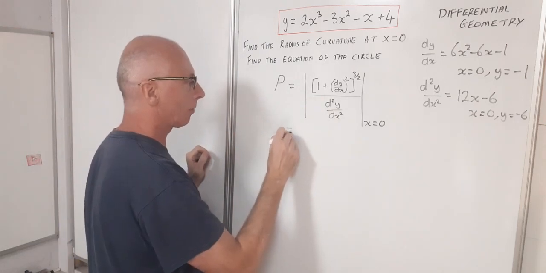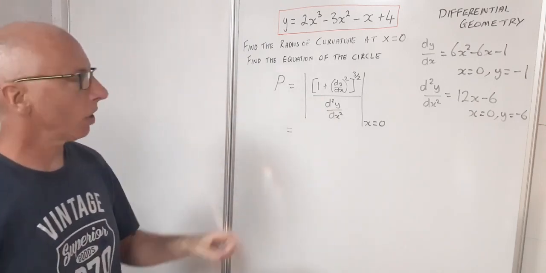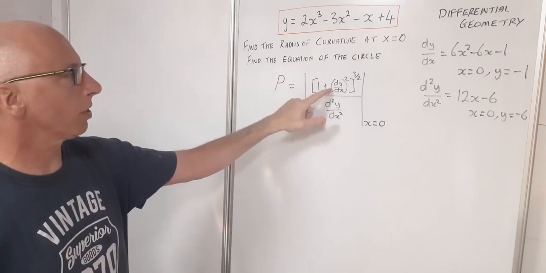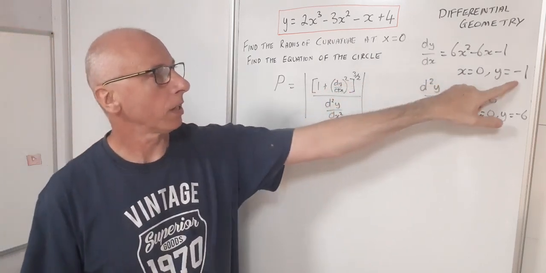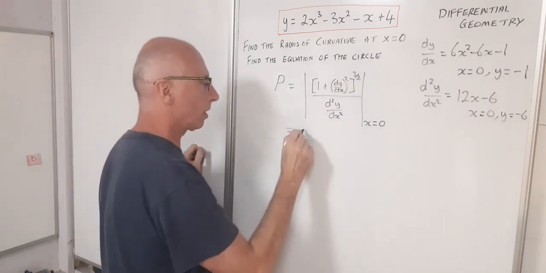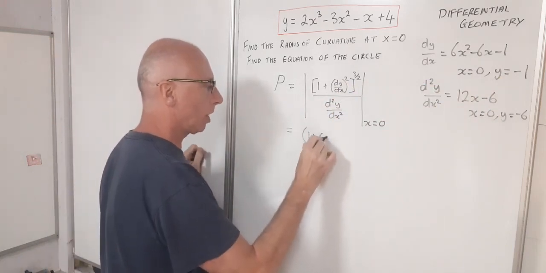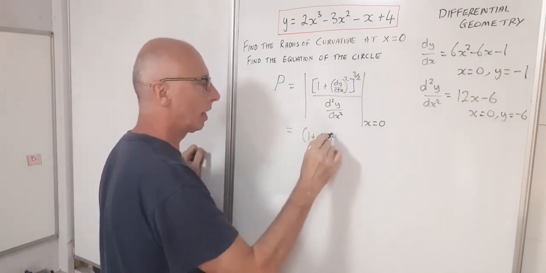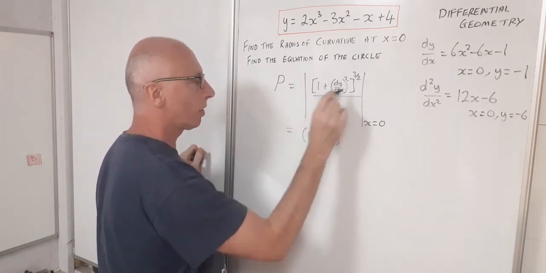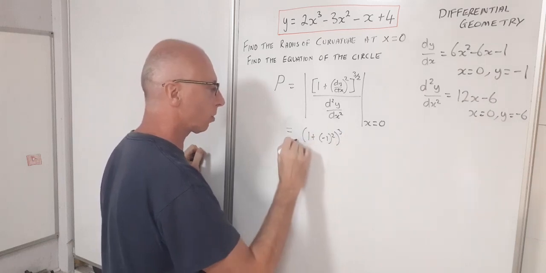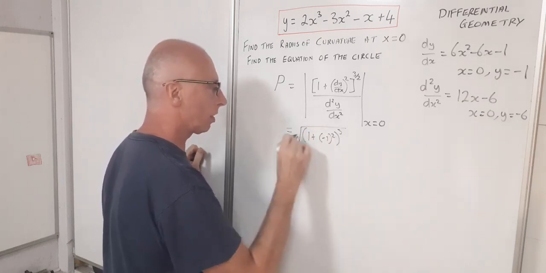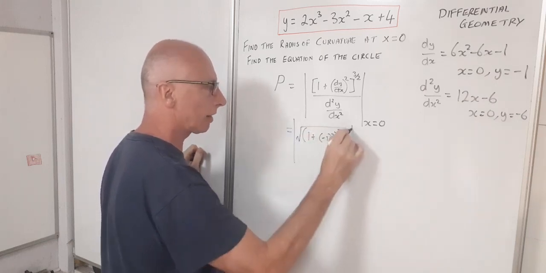So now rho is our radius of curvature. That gives us 1 plus the derivative squared at x equals 0. So minus 1 squared. So we've got 1 plus minus 1 squared. And then with that we want to cube it and take the square root. So that's how we can write that.